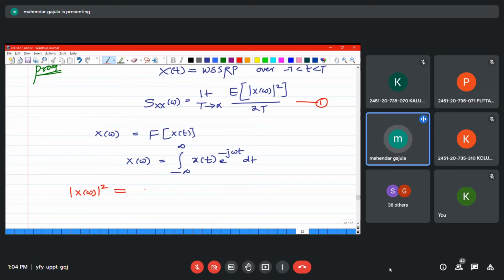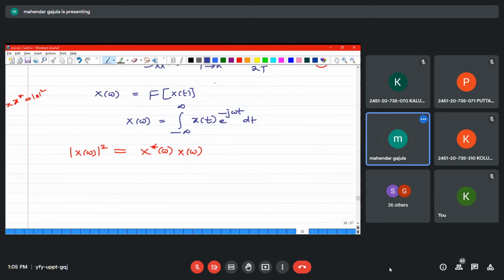Can we write mod X omega square as X star omega and X omega? What is X star into X? Is it not mod X square? Complex numbers. X star is a conjugate.